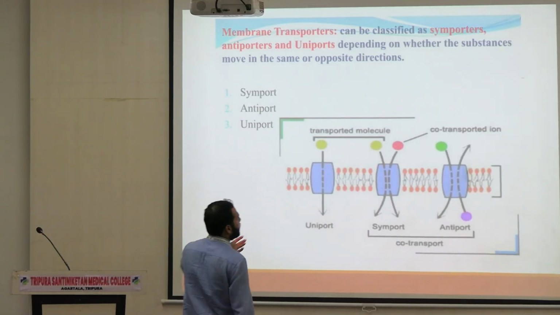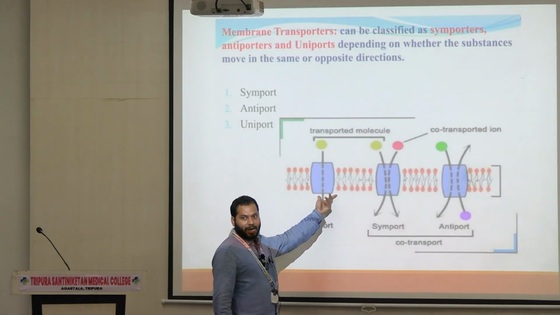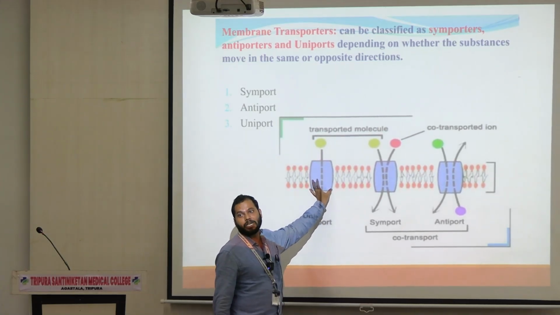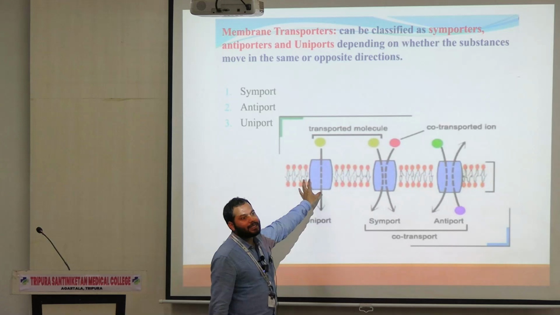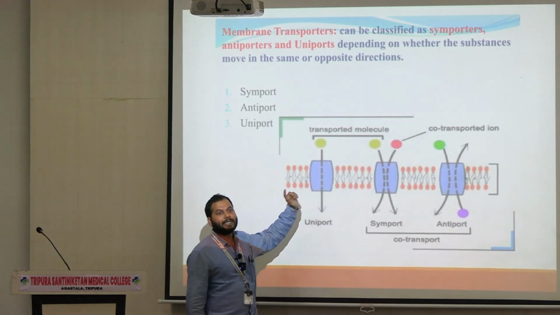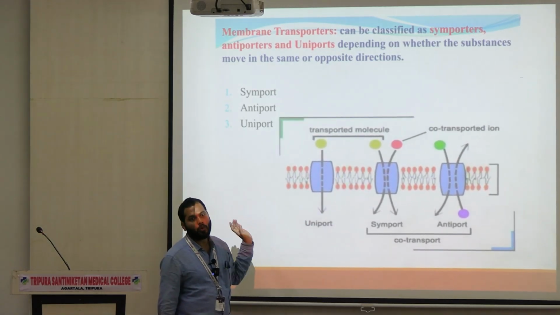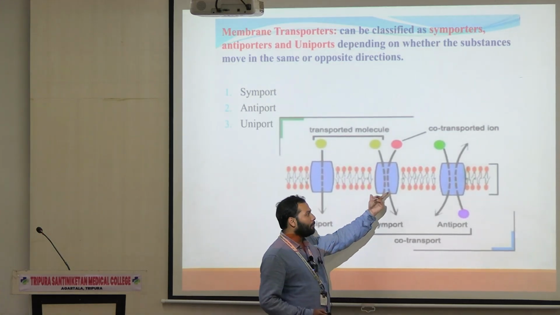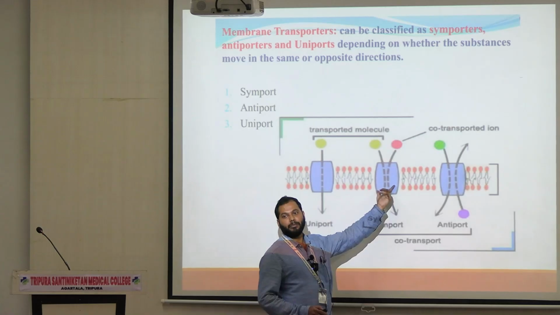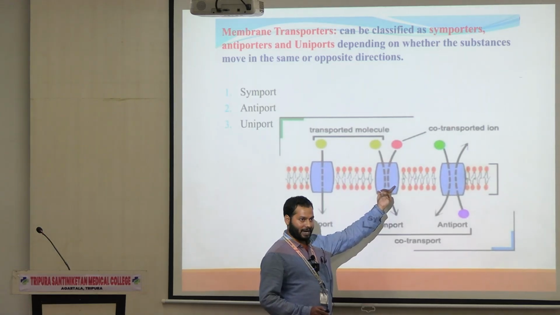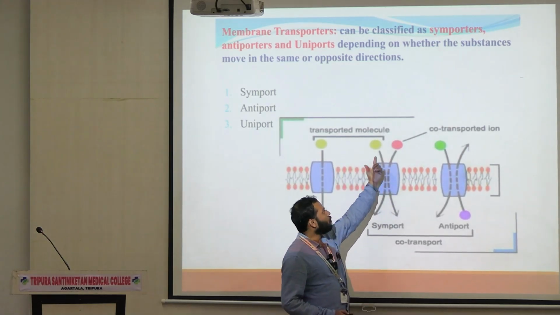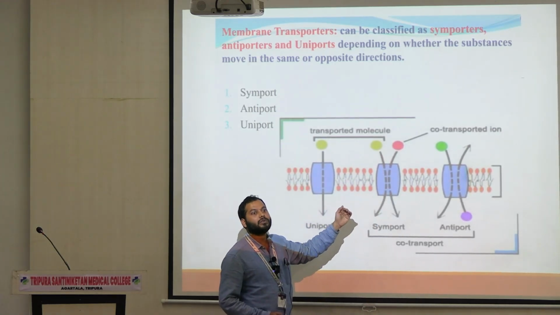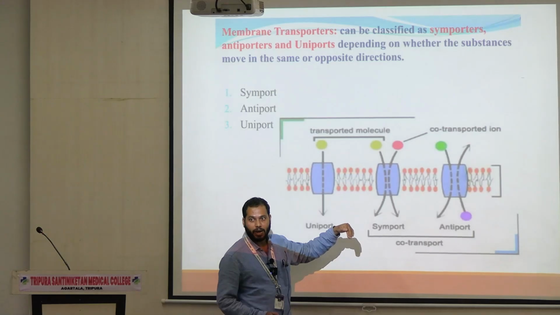You can see here, in the Uniport mechanism, this is the uniporter, means the protein which allows only a single molecule at a time, right? Whereas you can see in case of Symporter, this is a protein called Symporter. The mechanism is called Symport mechanism. Here, two different types of molecules move at a time.